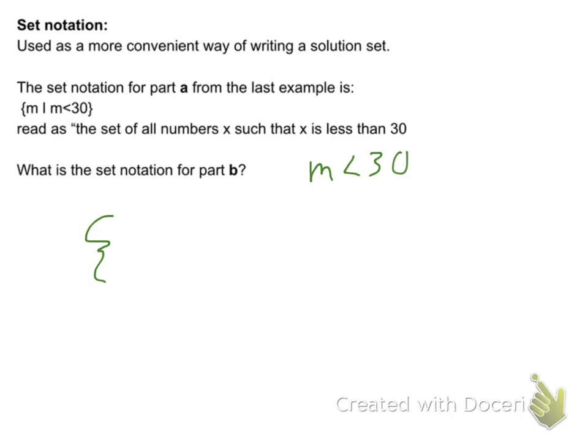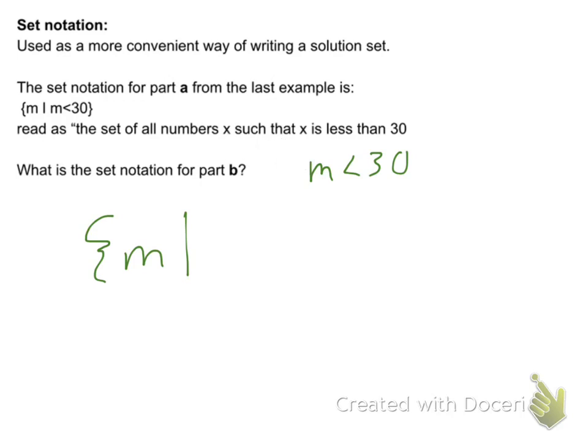That was our answer from the first example. Now, what we have to do then is we are talking about this variable m. So we say m, and then we draw a straight line. That straight line actually refers to these words right here, such that.